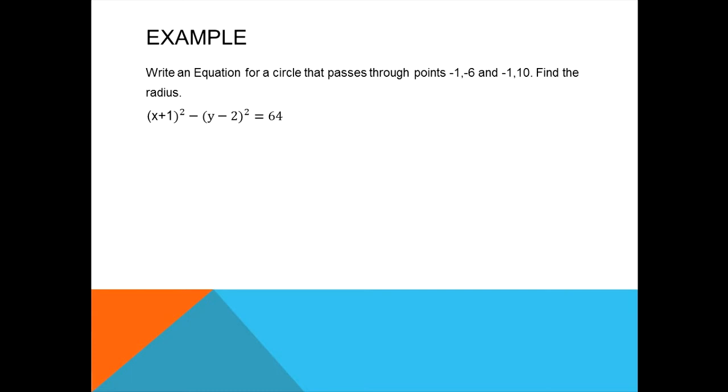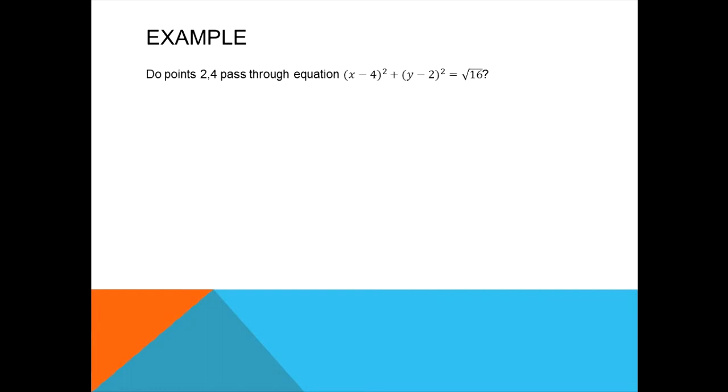So I added -6 to 10, which equals 4, and then you divide 4 by 2, and that's the midpoint of them, and that would be our y. Now, I plugged in both of those coordinates, and I found that they are equal to 64, and that our radius is 8.